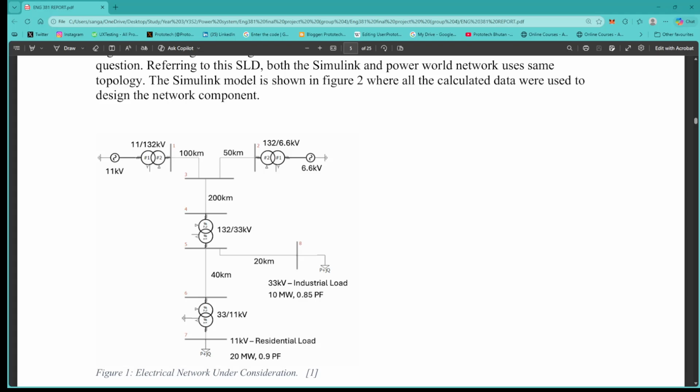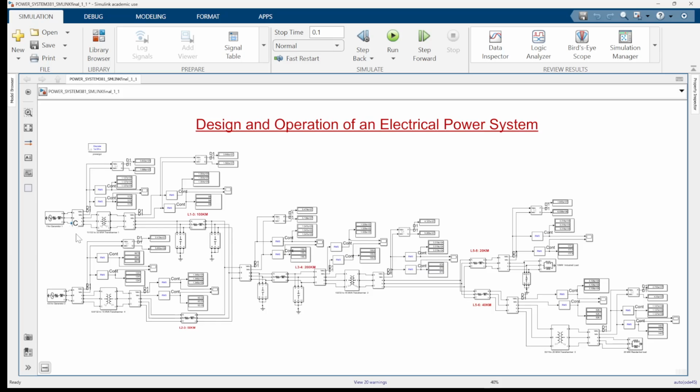With these two load centers, in the Simulink model, we have transformer 1 and transformer 2 which will generate the power. Each generator has a transformer, and here is transformer number 4. Then it will generate the power and transmit through this transmission line. At the load side we have our first load, the industrial load of 10 kilowatt here, and the second load here.